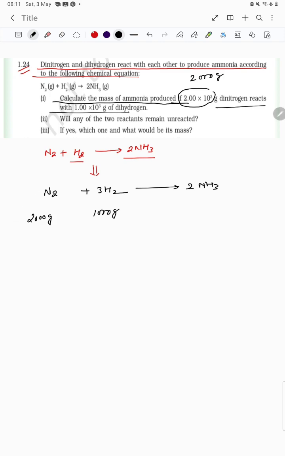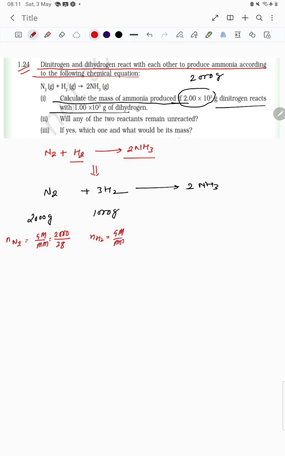So what I am doing here, student, is finding the moles of N2. Moles of N2 is gram mass over molar mass. Gram mass they have given is 2000 gram, molar mass of N2, student: 1 nitrogen is 14, so 2 nitrogen is 28. And mole of H2 is gram mass over molar mass.